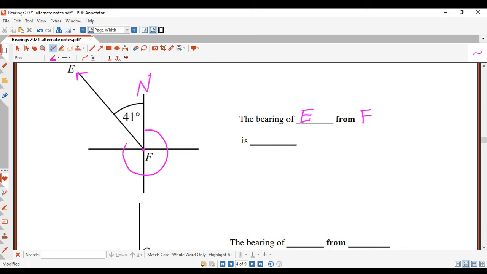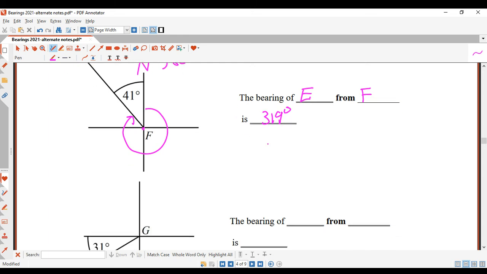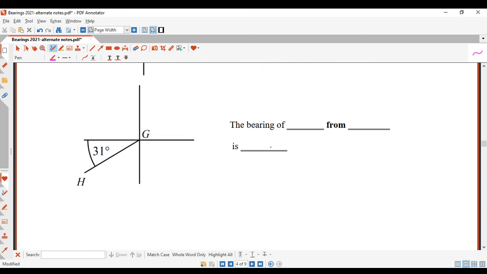I need this angle here. And we know that north is 360 degrees. So 360 minus 41 is going to be 319 degrees. Okay, write that down. Pause the video, have a go at this one.